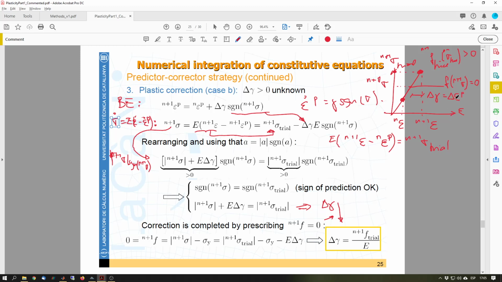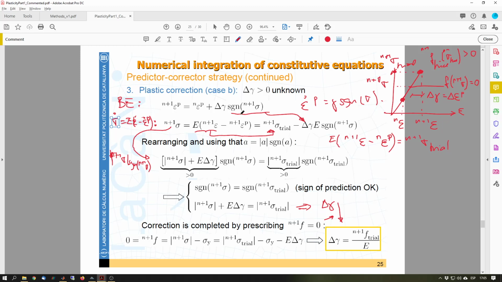In this case, everything is positive, so we have no sign associated to that. So we are reducing our f, and denoting by this delta gamma the reduction that we have to do to our f, or you have to remove all these strains. They are not elastic, that was the initial assumption, but it was just elastic up to here, and from that point it was plastic.